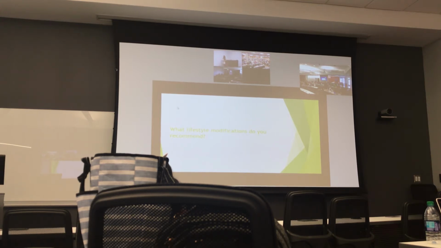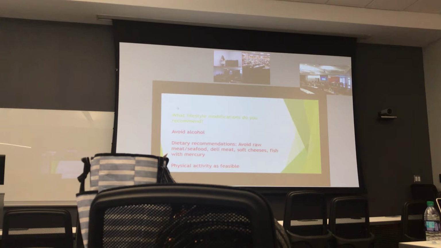So, avoid alcohol. Our dietary recommendations: avoid raw meat, seafood, deli meat, soft cheeses to avoid that infection risk and any risk of birth defects. And then also physical activity as feasible.